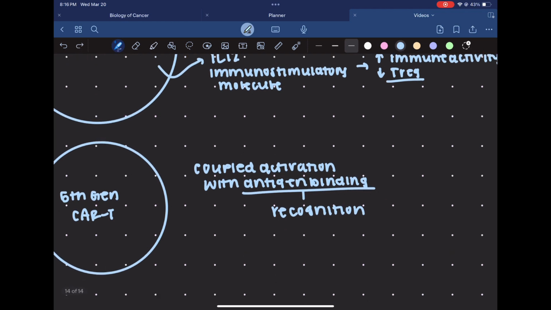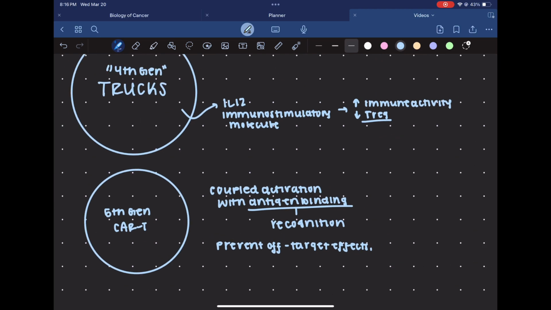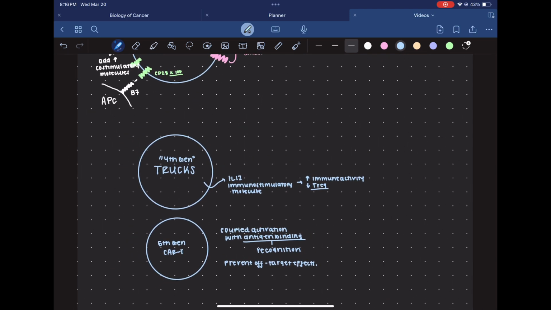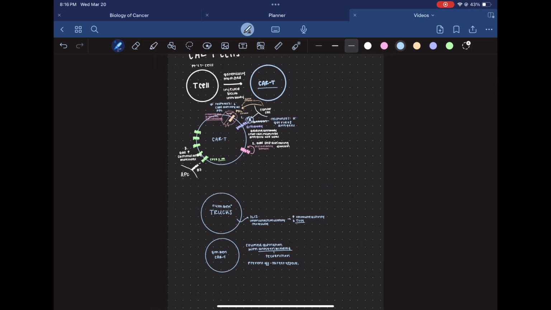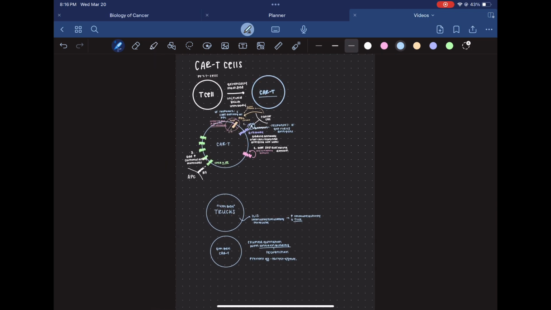So this is to prevent kind of off target effects. All right. So that overall, if I zoom all the way out, is my overview of CAR T cells.